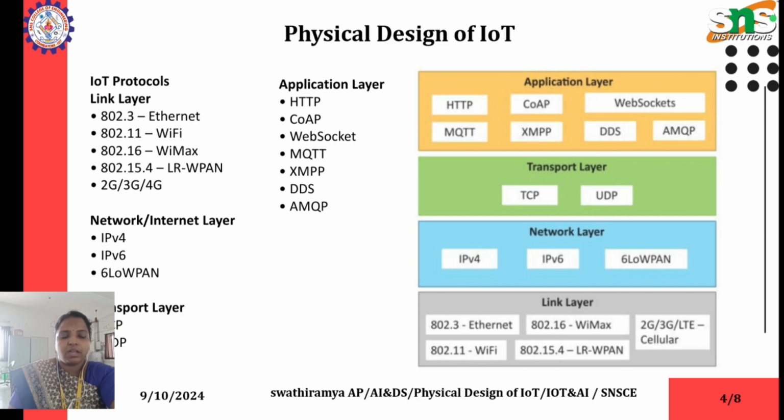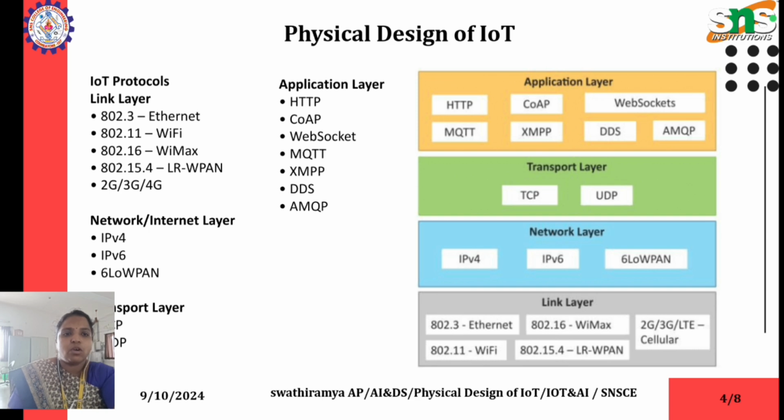In the network layer, we discussed how to address and what protocol is used for addressing and routing the data packets. Then the transport layer: how the end-to-end message transfer is done, and what kind of connection is used, whether connection oriented or connectionless.